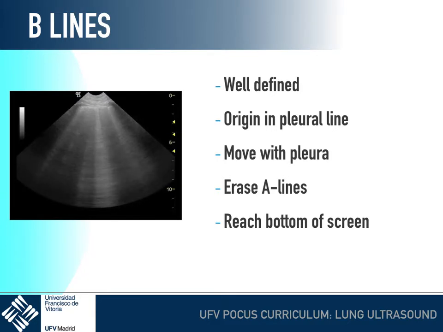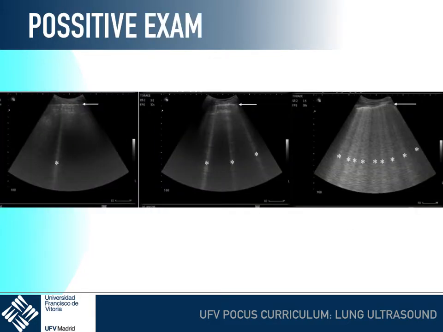So a positive exam, we need to define what's a positive exam. The first one, the picture on the left, is giving us just one B line. The second one is giving us three B lines, and there are multiple B lines in the right image. So what's the positive and what's the negative?